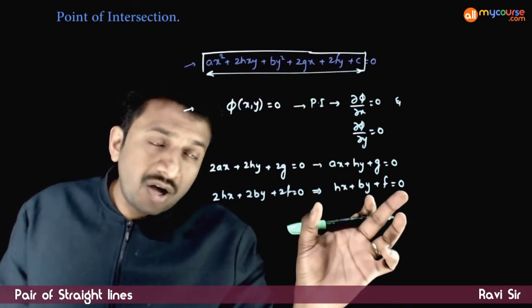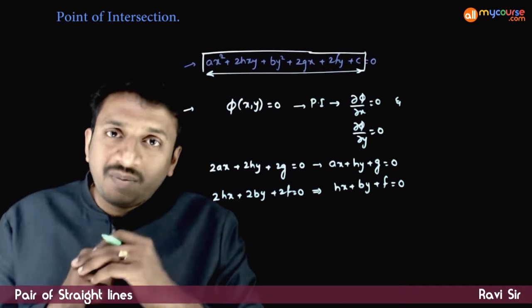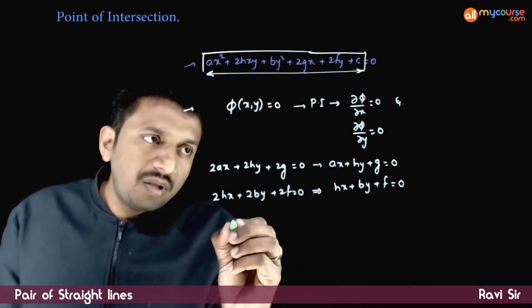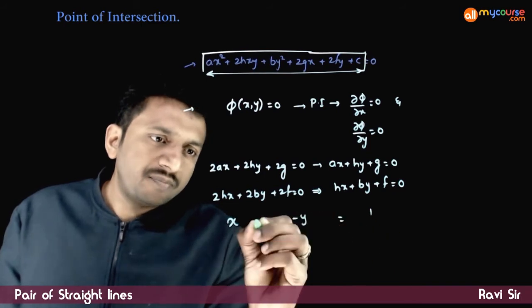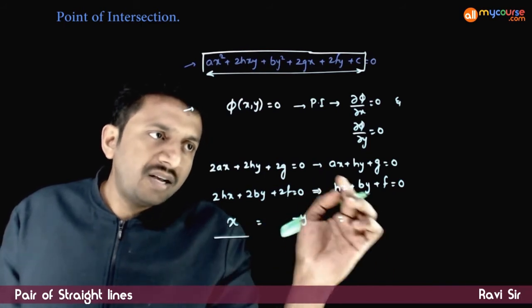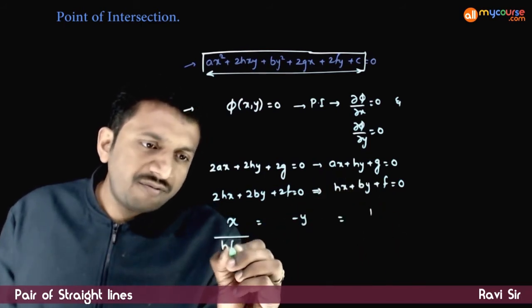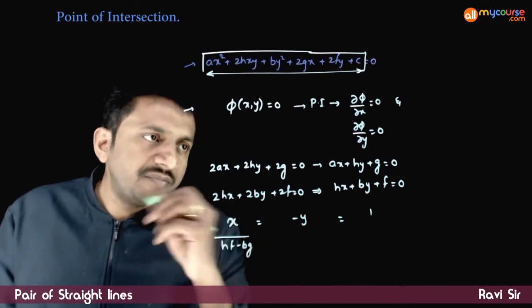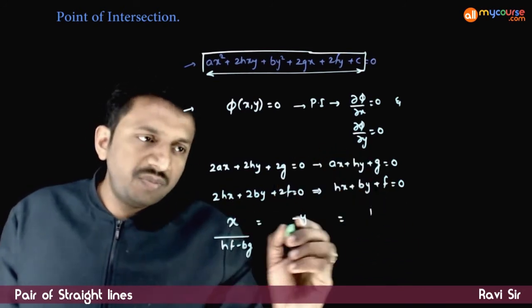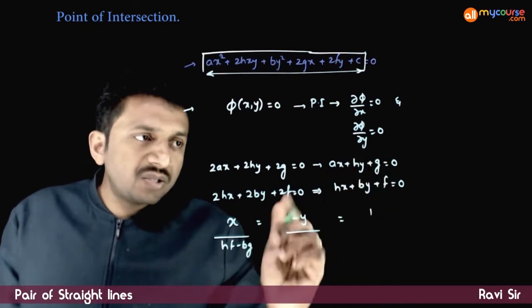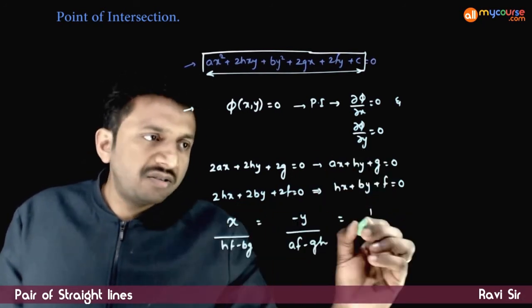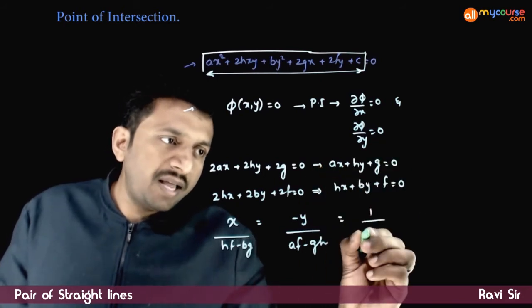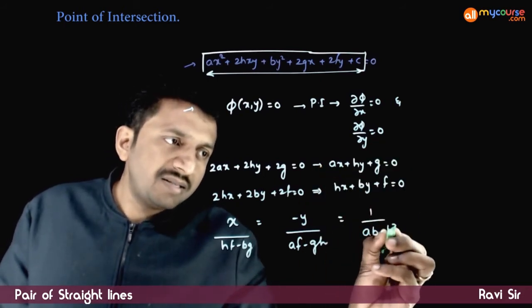You can solve this by using the cross multiplication method. So x, minus y, 1. x divided by hf minus bg is equal to minus y divided by af minus gh is equal to 1 divided by ab minus h square.